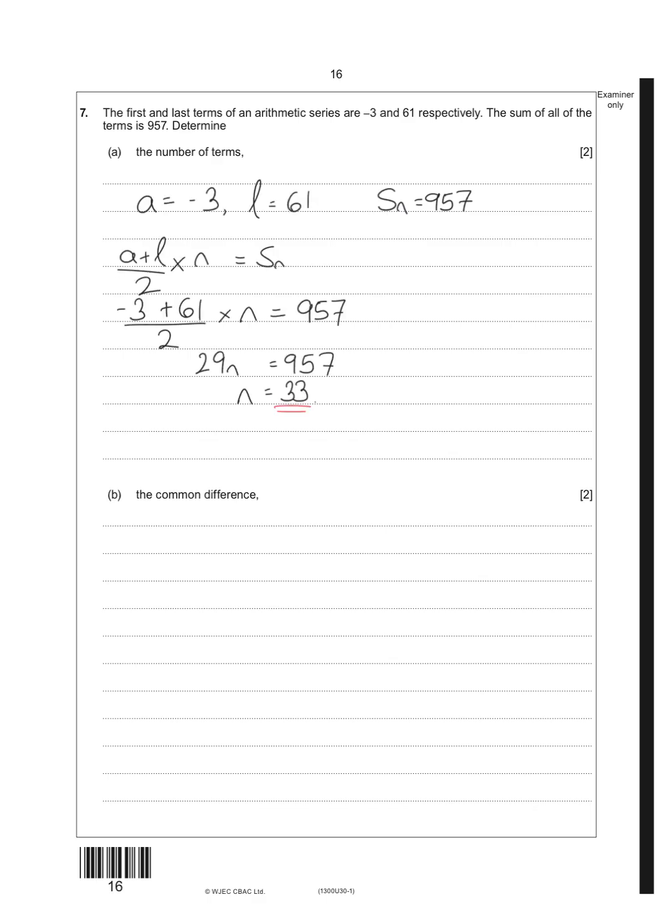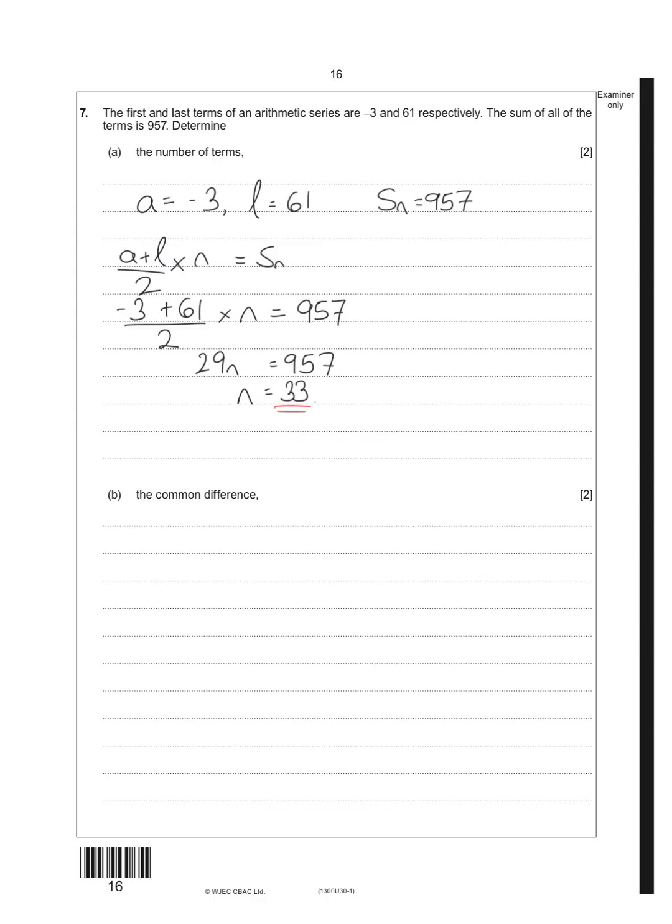Moving on to the next part. Find the common difference. So you can do this in a couple of different ways. I suppose probably the easiest one, though, is noting that L, the last term, is the first term plus a bunch of common differences, and the number of common differences is one fewer than the number of terms you've got.